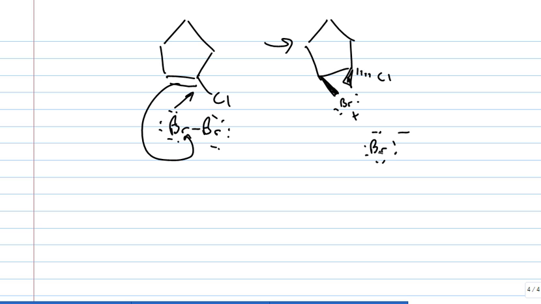Now, we have to think about one more thing. We have to end up with a double bond across this somehow, and we can do that as long as there's a hydrogen to take off still. Let's think about where the bromine's going to add on.